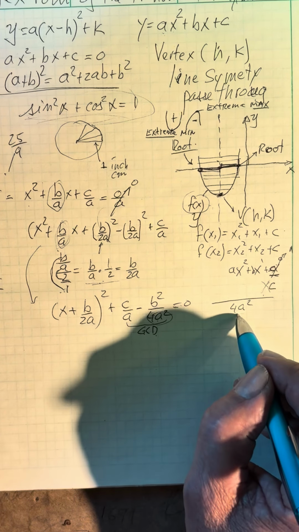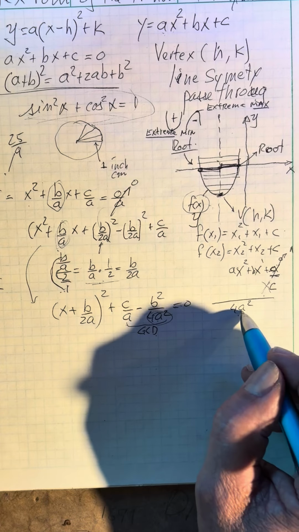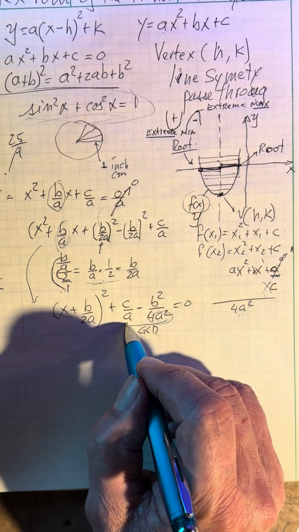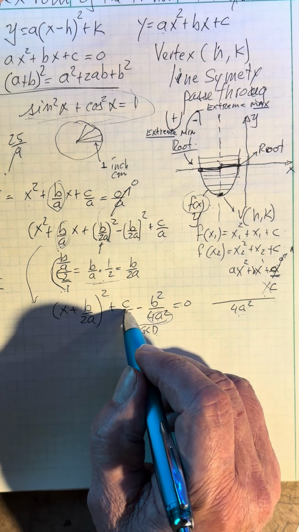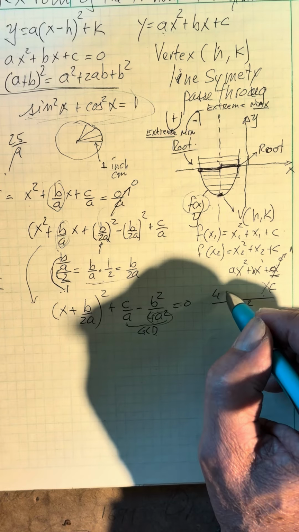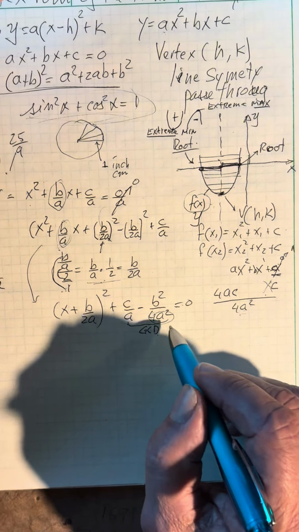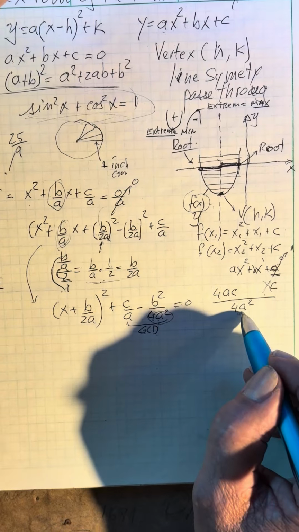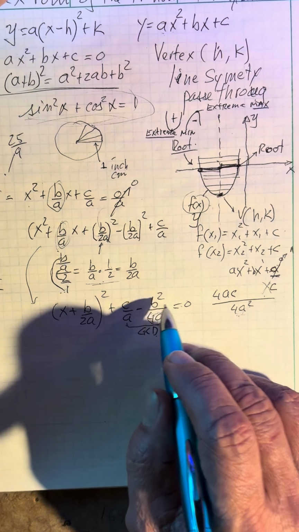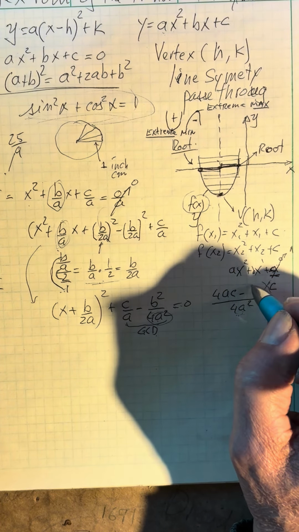And then we divide: 4a squared divided by a is 4a, times c is 4ac. And then we do the same with this one: 4a squared divided by 4a squared is equal to 1, times b squared is b squared.